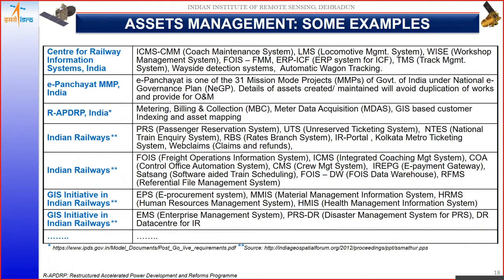Okay, so assets means all its physical assets, maybe individual systems, and such kind of assets, when present here, how can they reach the destination, or how can they reach the beneficiary. Another example is the e-panchayat.